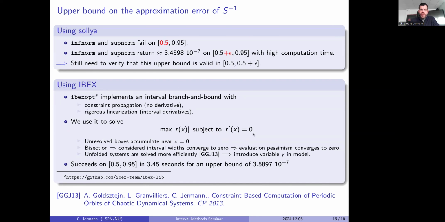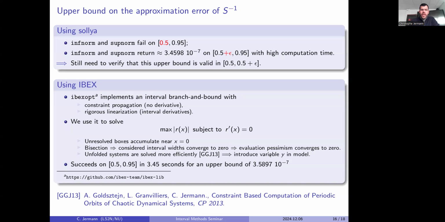Of course, as I said before, any method that tries to do so will fail because of the indeterminateness of the derivative around zero. But still, because of the splitting method, the bisection method within the solver, there will be unresolved boxes which will be accumulating around zero. And because the widths of these boxes on X will converge to zero, the evaluation pessimism on the boxes will also converge to zero.